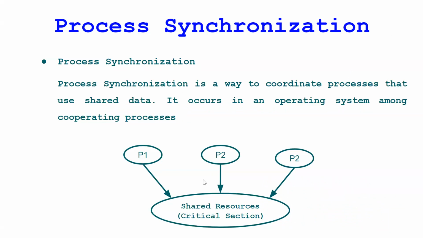One example I have given here: suppose P1, P2 and P3 are three cooperating processes sharing these resources. Now which process can execute this portion? Either P1 can execute first, or P2, or P3. I wrote this by mistake.